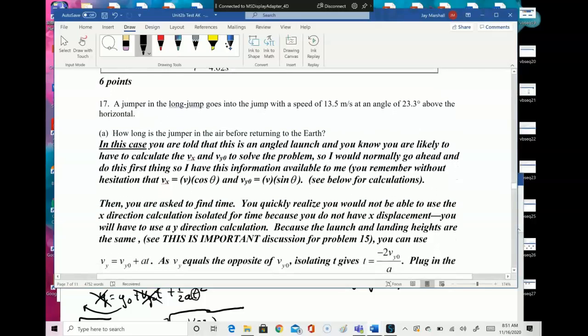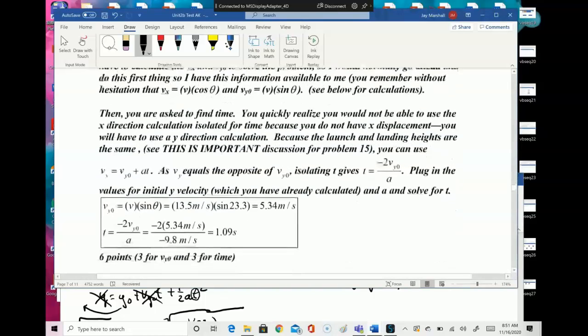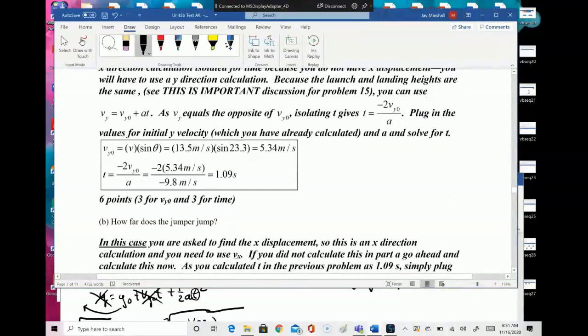Okay, and what I've told you is that anytime you have a problem with an angled launch, the first thing you probably want to do is find out what the velocity in the x direction is and the velocity in the y direction is.